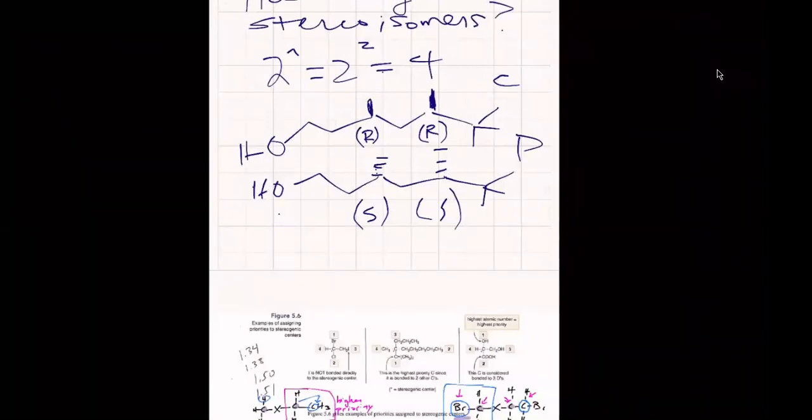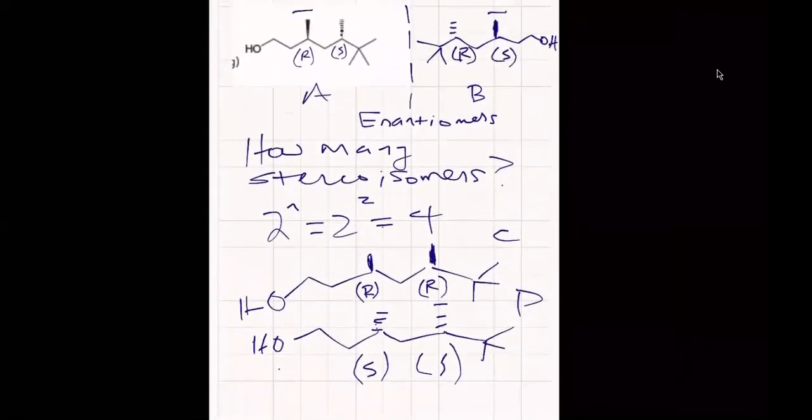Once we found the stereocenters, the configurations in A, all the other configurations we can base off of what we already know for A. So if the one in A that's R, if we change that from wedge to dash, we know it's going to change from R to S, because we just reverse it, right?